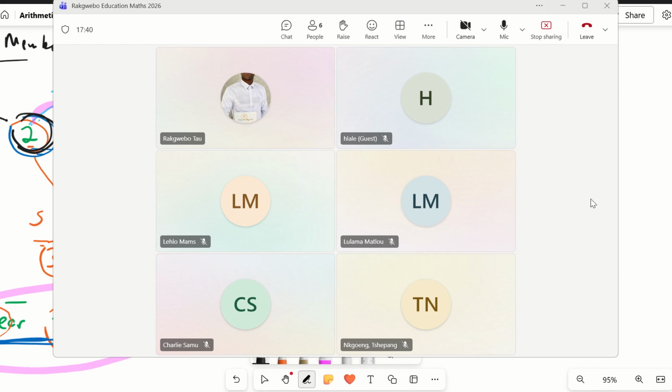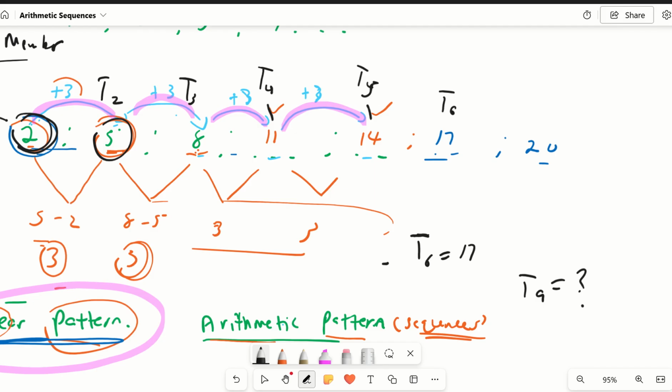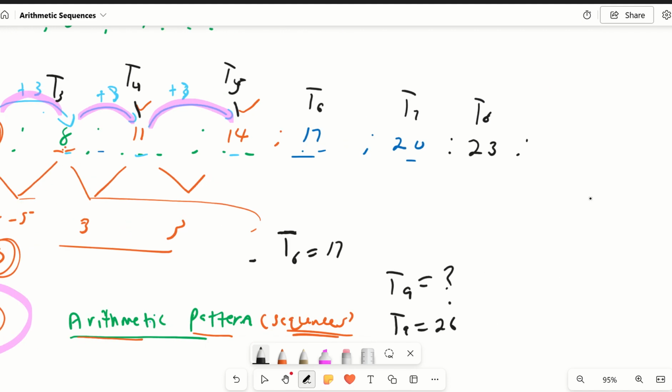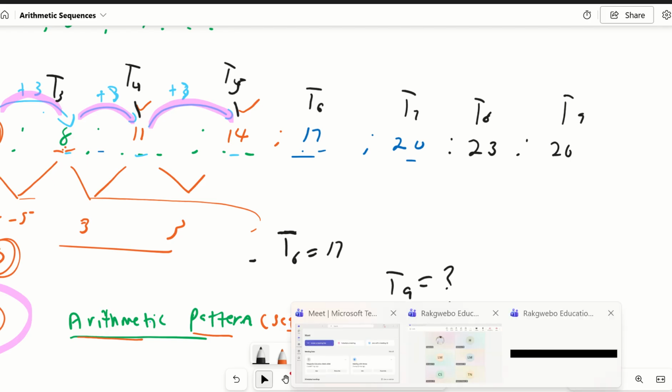Someone says 26. Lulama Matlo approves. So therefore, T9 is equal to 26. How did we get it? We know that this is T7, this is T8, and lastly, this is T9. So you guys are absolutely correct.